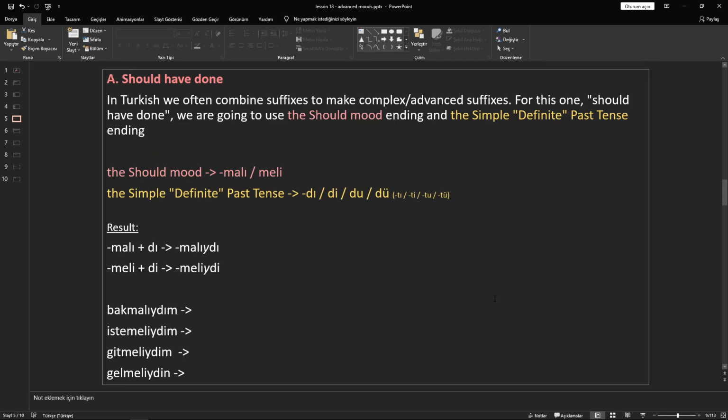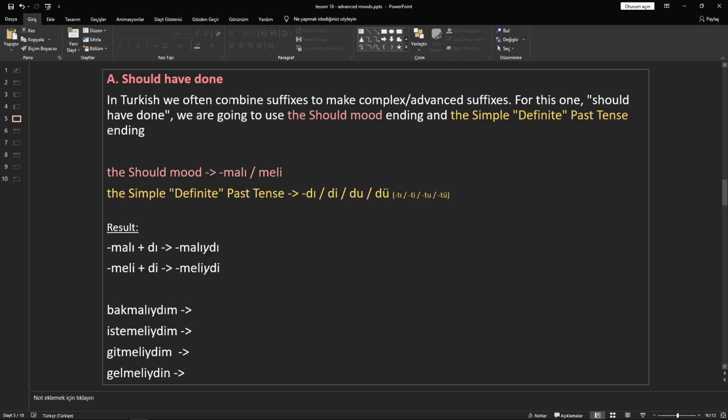Now finally we have this new subject, should have done. I already wrote a bunch of explanations. You can read it before I go there, or you can read it with me. I made also a few reminders. For example, in Turkish we often combine suffixes to make complex and advanced suffixes.